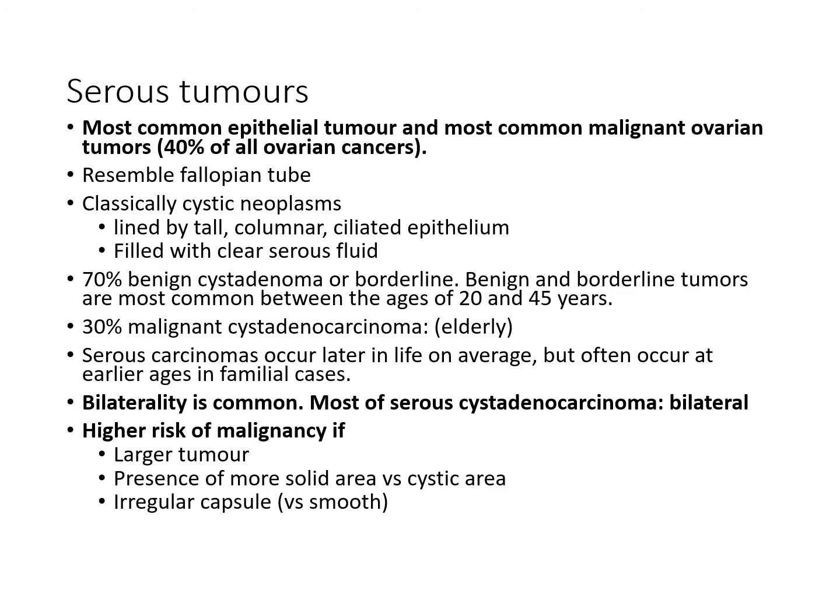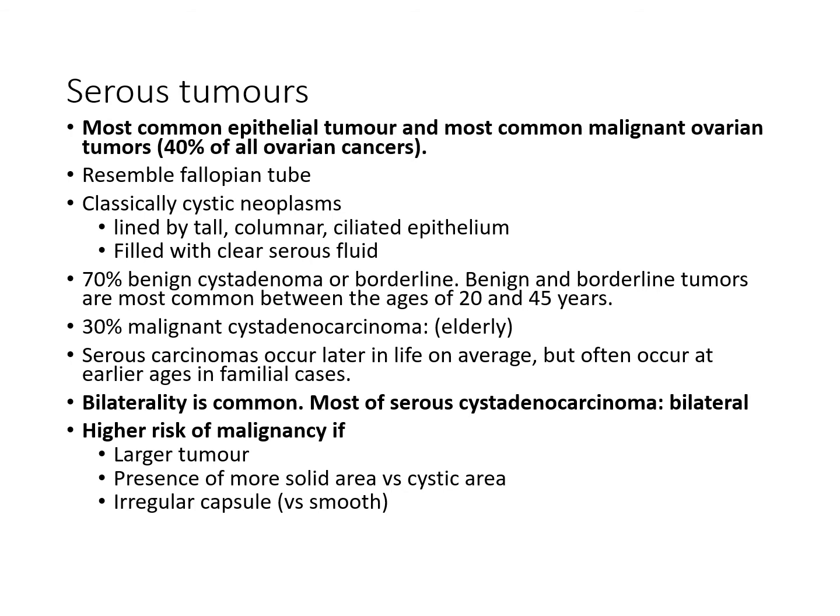Serous tumors are the most common epithelial tumor and the most common malignant ovarian tumors. They resemble the fallopian tube, and classically they are composed of cystic neoplasms lined by tall columnar ciliated epithelium filled with serous fluid. Most of them are benign, but 30% of the tumors are malignant cystadenocarcinoma, and is usually seen in the elderly.